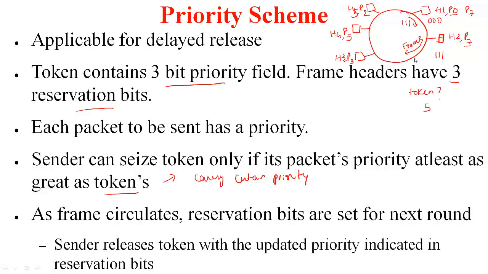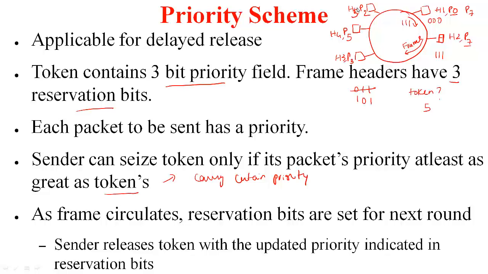So as this frame goes, host 3 will set it equal to 3, basically 0, 1, 1. But host 4 has a higher priority, so it is going to alter these bits and set them equal to 1, 0, 1.